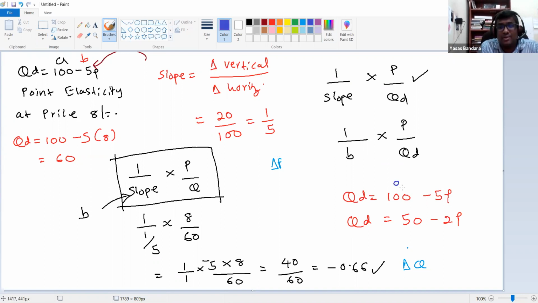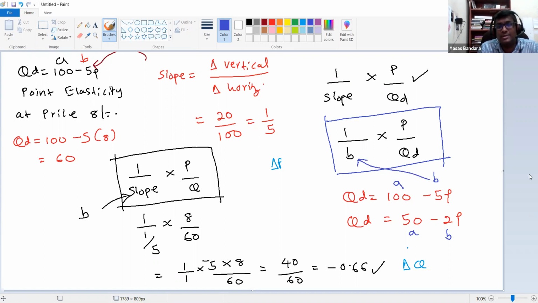They know that this 100 is A and this 5 is B, or this 50 is A and this minus 2 is B. So when they get an equation like 1 over B into P over QD, they will substitute this B in the demand equation to this, and ultimately get the wrong answer.